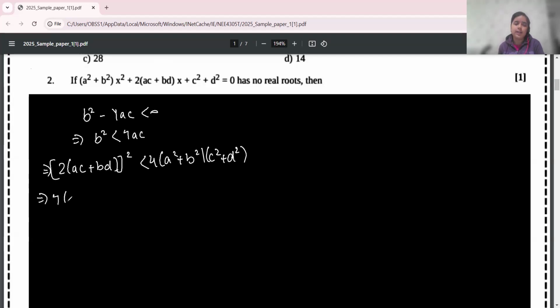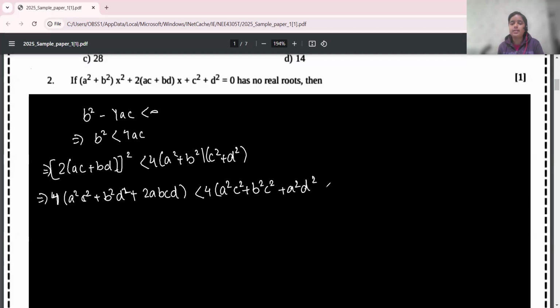Solving further, we get 4 times (a square c square plus b square d square plus 2abcd) less than 4 times (a square c square plus b square c square plus a square d square plus b square d square). 4 and 4 get cancelled. A square c square cancels with a square c square. B square d square cancels with b square d square. We are left with 2abcd is less than b square c square plus a square d square.